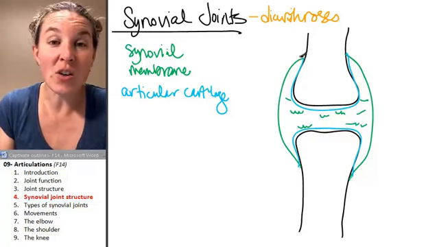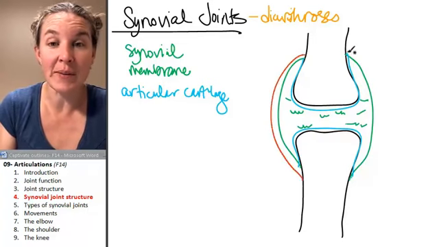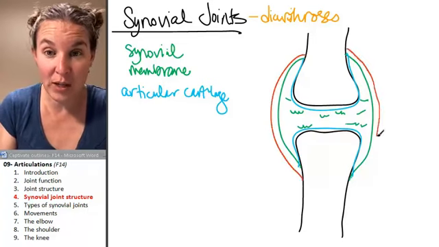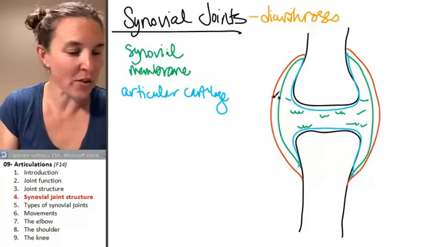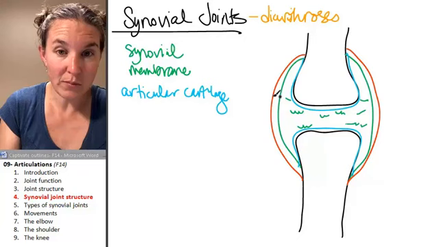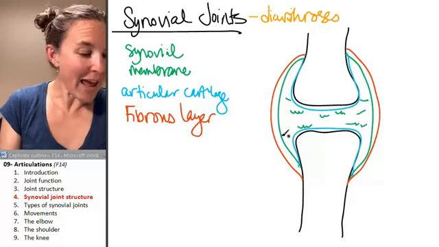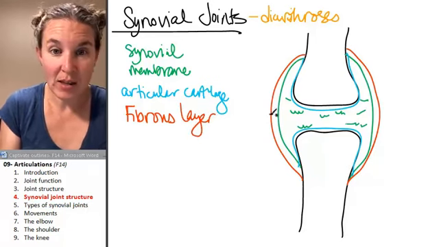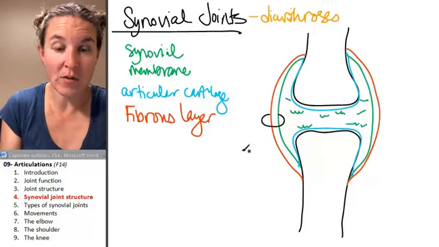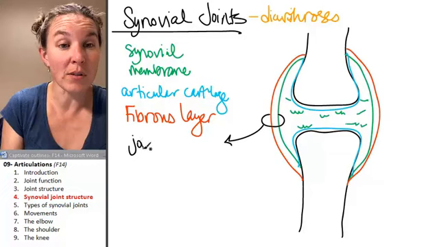So there is also a layer outside of the synovial membrane, still surrounding the entire articulation, and this is called the fibrous layer. Together, the fibrous layer and the synovial membrane form the joint capsule.